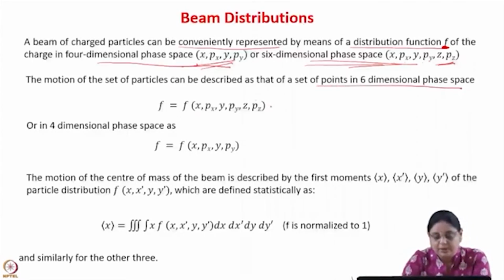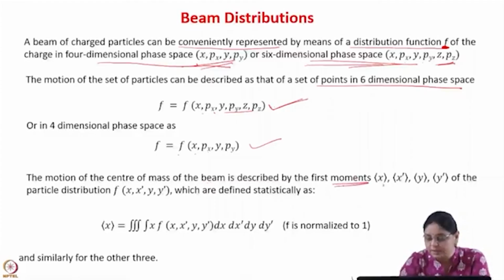So you can have a distribution function in 6-dimensional phase space, or in 4-dimensional phase space: f is a function of x px y py, and in the case of 6-dimensional phase space, x px y py z pz. Motion of the center of mass of the beam is described by the first moment.